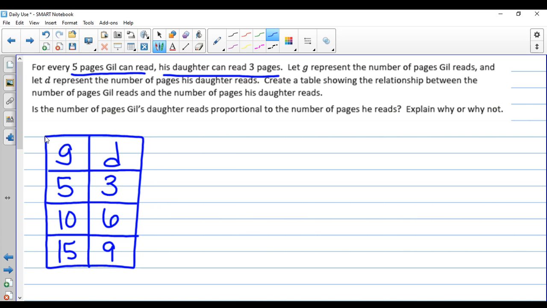Okay, now I'm going to look at these. Since I doubled to find the second row and tripled to find the third row, I can look at this and say that I know it is proportional because each row is an equivalent ratio.